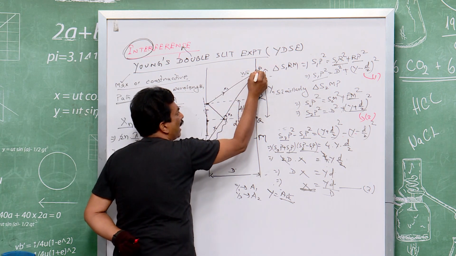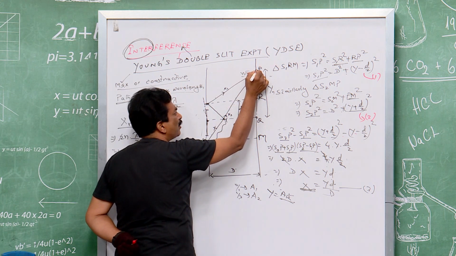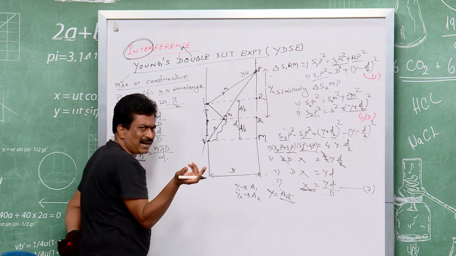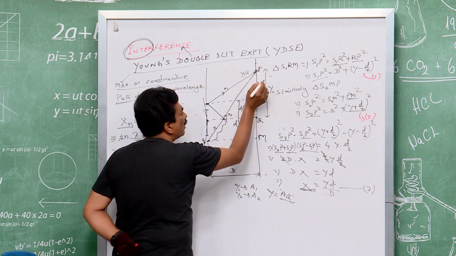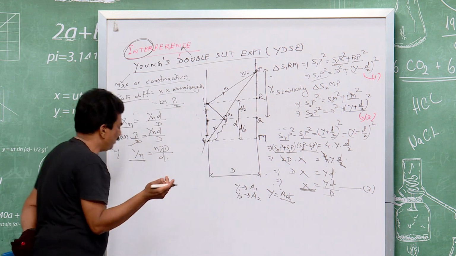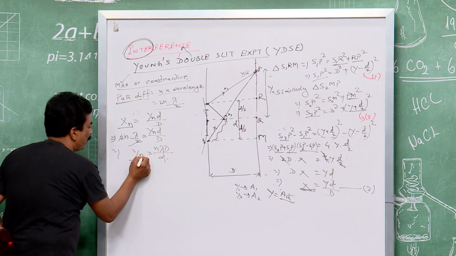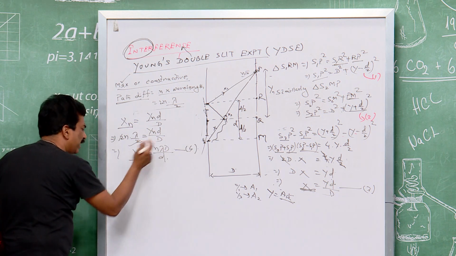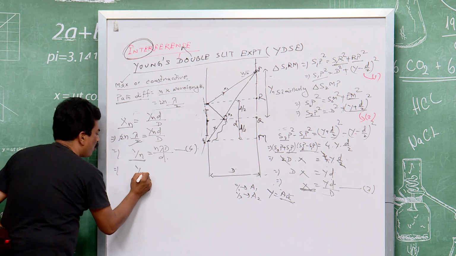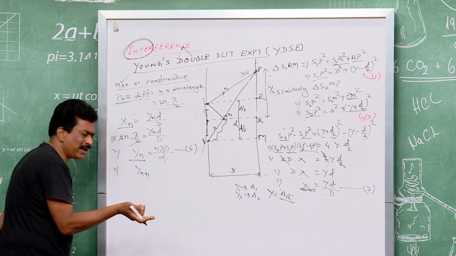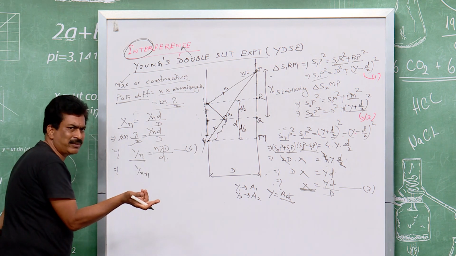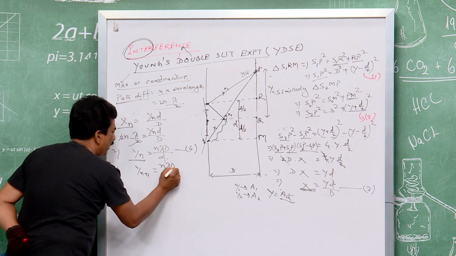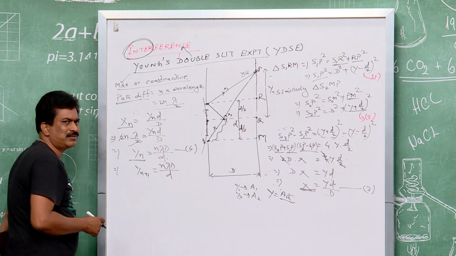If this is the maximum, then at another point it will provide another maximum, and before that one it will also provide another. So if you take yn is equal to this one, equation 4, then the next one will be yn plus 1 or yn minus 1, that is your choice. So yn plus 1 is equal to n lambda D by small d.